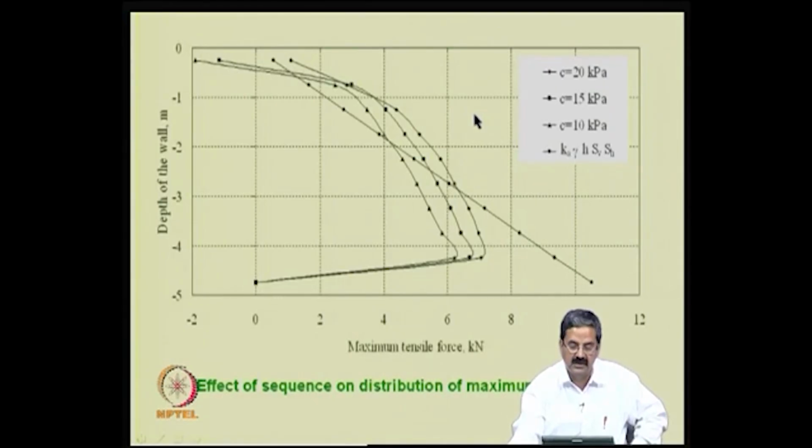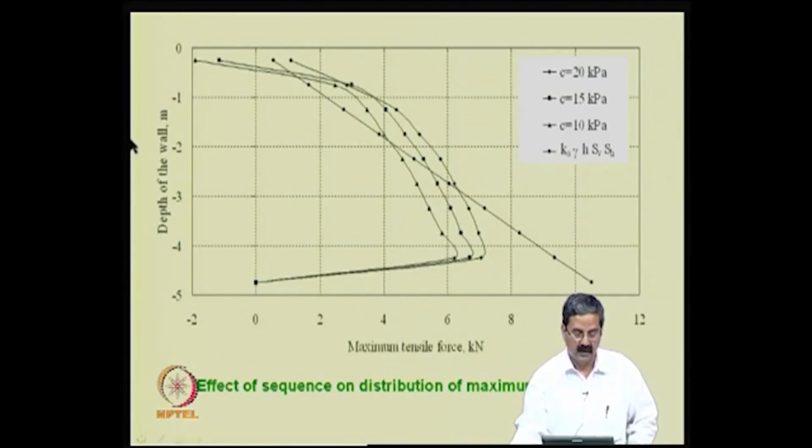The other important plot that we should see is the one I told you about, how you get the tensile force: Ka gamma h into SV into SH, or K naught also you can have. Depending on whether you assume that the soil is yielding, you can put (1 minus sin phi) by (1 plus sin phi), or if it is not yielding, 1 minus sin phi. Okay.